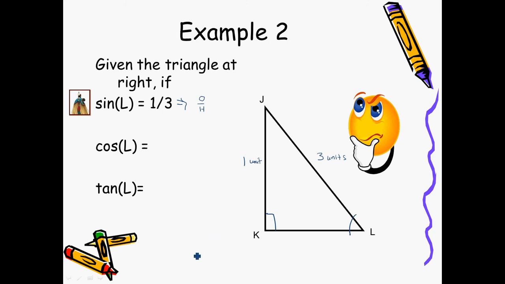I don't know what the units were because they canceled out when they made a ratio, right? But isn't it true that this is the opposite over hypotenuse? Well, what's cosine then? I know that cosine is the adjacent side over the hypotenuse, so that's got to be something over 3. And I know tangent is the opposite over adjacent, so that's 1 over, I don't know.